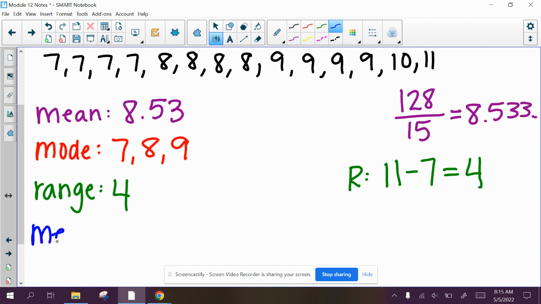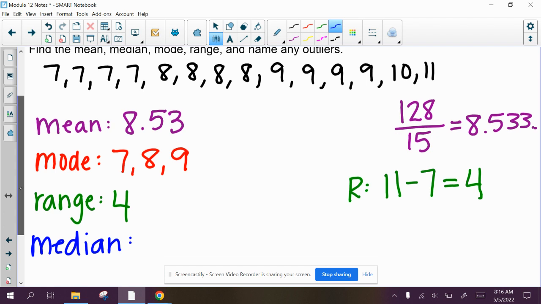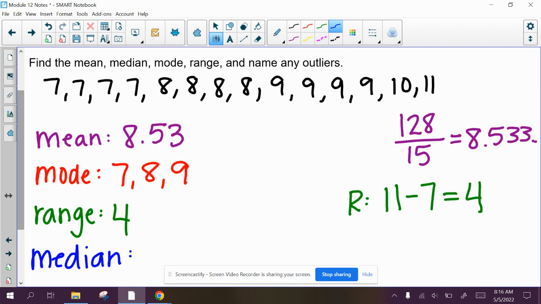Then we do our median, and median just stands for the middle of the data set, which in this case, we just go end to end crossing out. So I get these two. We just keep going until we get to the middle. And in this case, we don't have a specific middle value, but they're both 8, in which case we would find the mean of those two numbers.